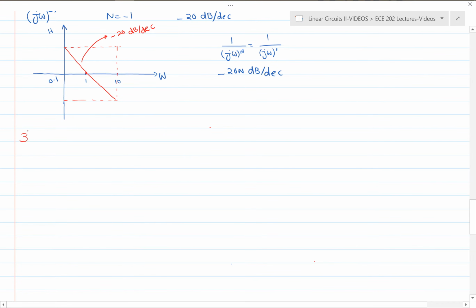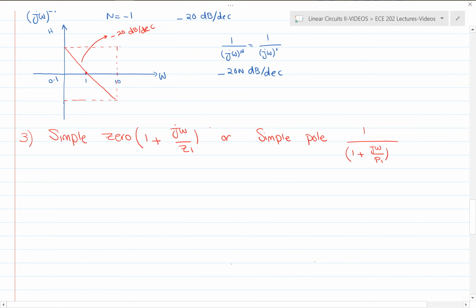Okay, so the third factor that we may or may not have in the transfer function is either a simple pole or a simple zero, or even both of them. So a simple zero, which is 1 plus j omega over z1, or a simple pole, which is 1 over 1 plus j omega over p1.